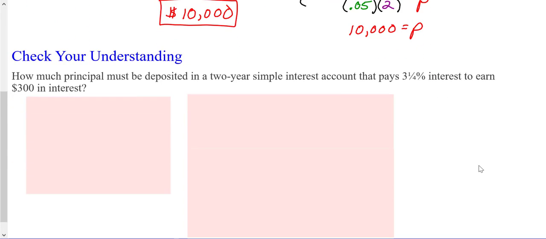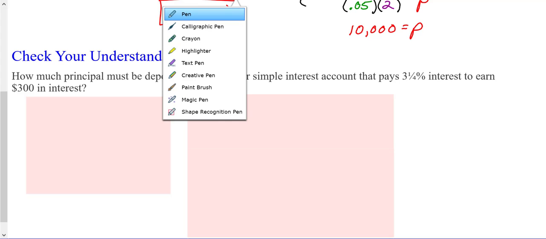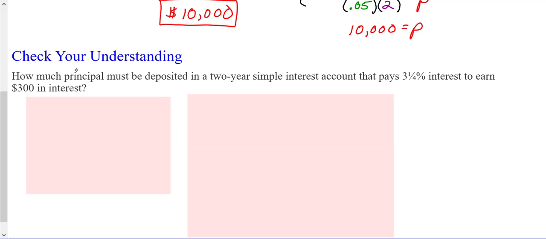So check your understanding. Once again, we are looking for principal. So how much principal, that's our question, is going to be deposited in a 2-year simple interest account that pays 3.25% interest to earn $300 in interest.